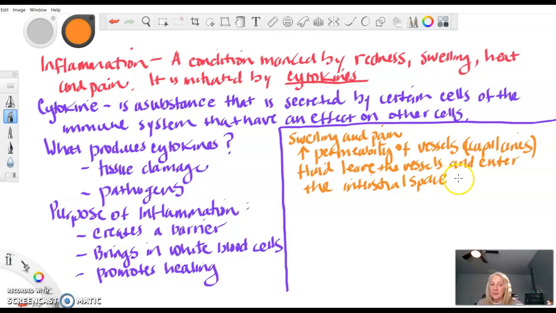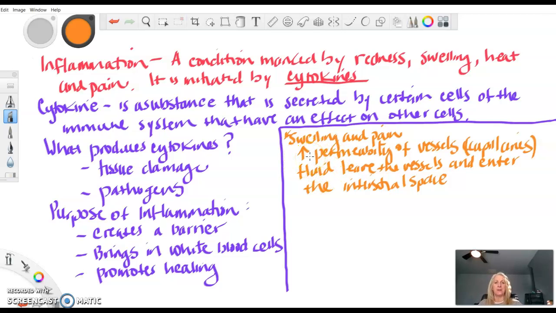The more fluid that enters there, the more swelling we're going to see. And swelling, when the fluid is accumulating there, it'll press up against nerves that are in there, and that's painful. So we get swelling and pain there from that increased permeability of the capillaries in that area.